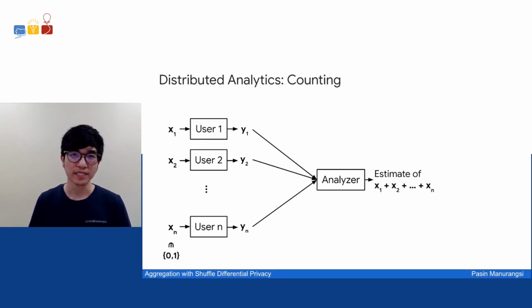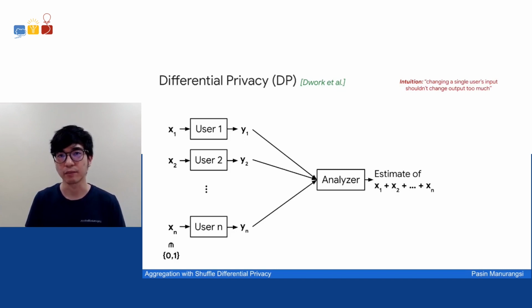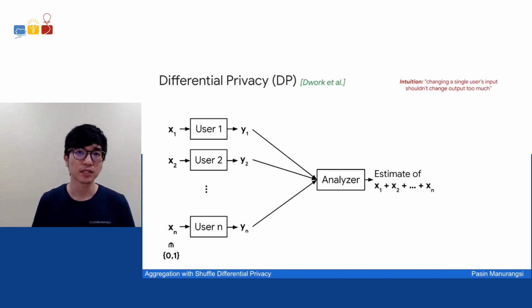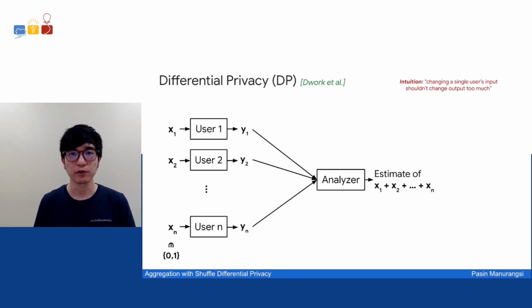In differential privacy, the intuition is that we want the analyzer to output just the aggregate information without revealing too much about a single user. The way we model this is that if we change the input of a single user, then the output of the algorithm shouldn't change too much.